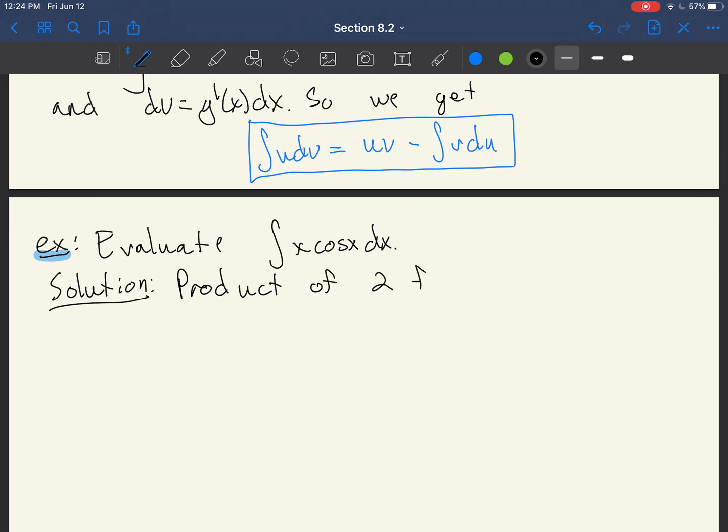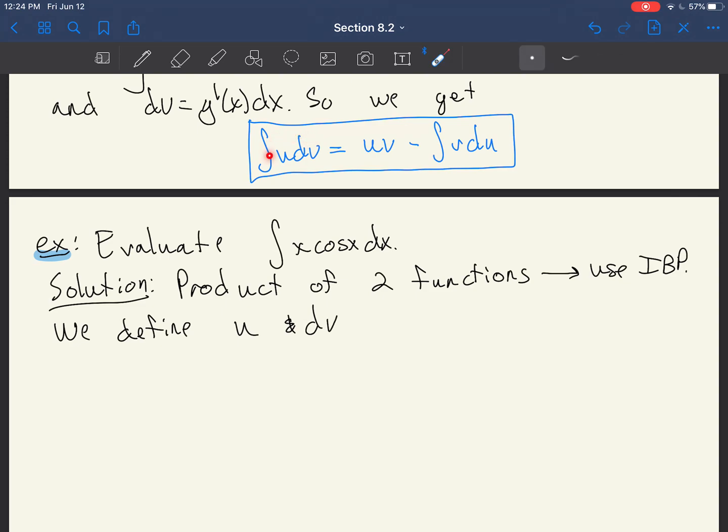So a product of two functions means we're going to use integration by parts. To do integration by parts, we define u and dv in our little integration by parts formula.